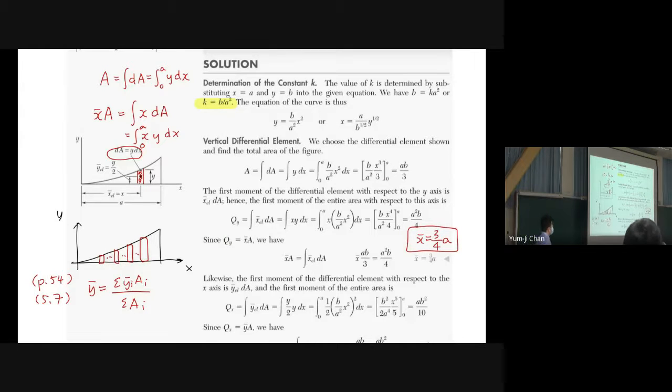So if you have many simple shapes and we know the y bar of each, the y bar of the whole shape can be determined like this.